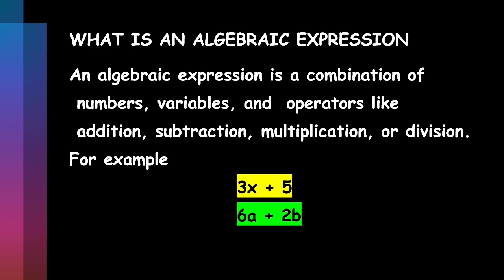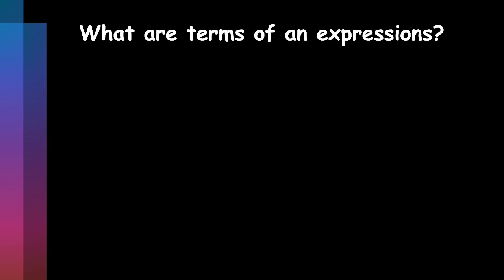Another example, 6a plus 2b. This is also one algebraic expression. Here a and b are the variables, 6 and 2 are the constants and the operator is addition.